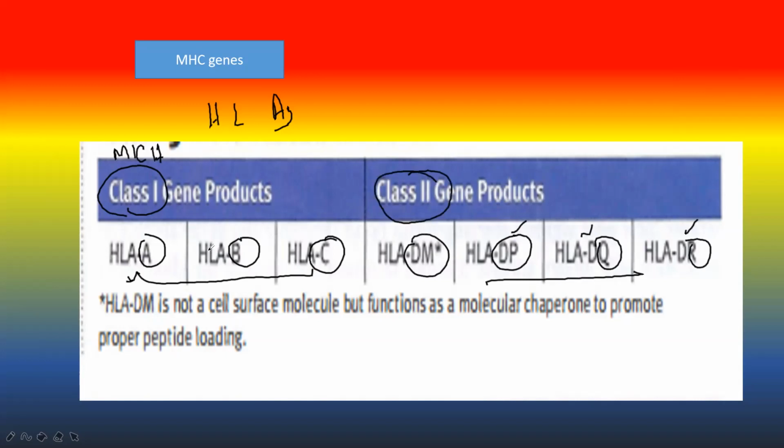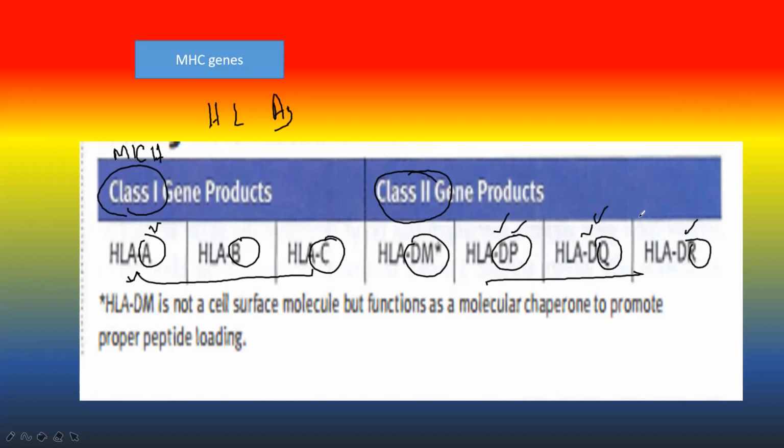So these are the MHC genes present in our body. Every person may have HLA-A, another person may have HLA-DP, your sibling may have HLA-DQ. So the HLA antigens are not the same in every person.